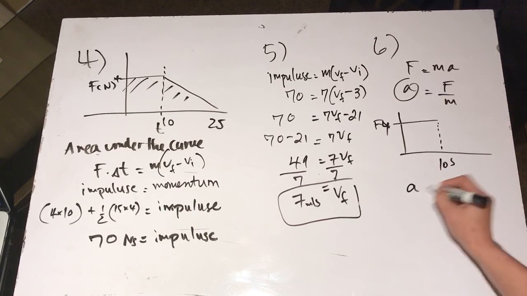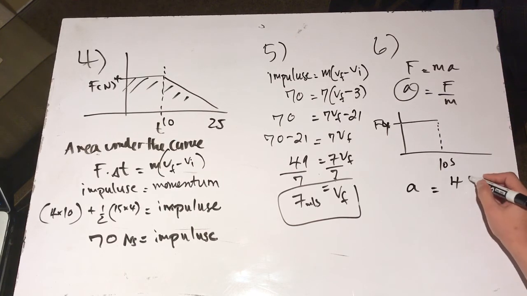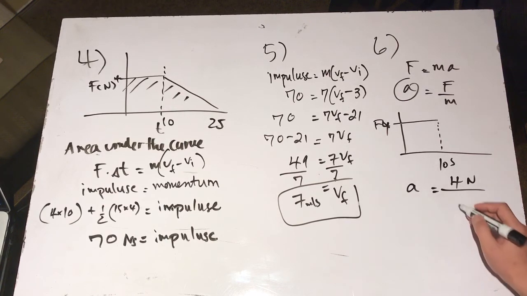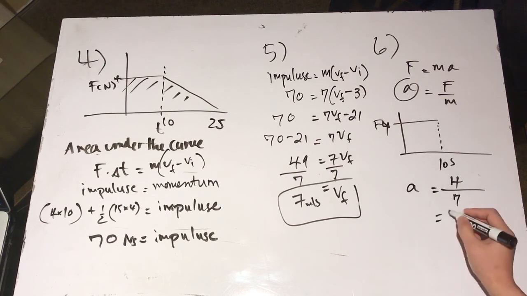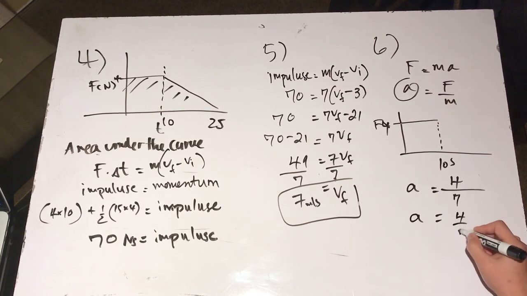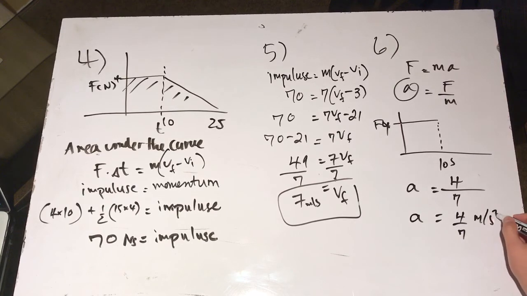So acceleration is equal to 4 Newtons divided by the mass, and the mass is 7. So acceleration equals 4 over 7 meters per second squared. And that's how you figure out the acceleration.